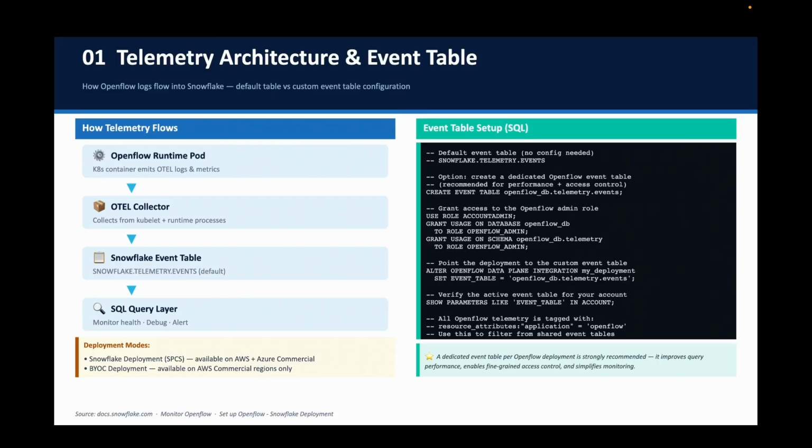And then the Snowflake event table captures all of the events into the Snowflake telemetry events table. That's the default table for the OpenTelemetry framework. And at the very end, you can use a SQL query to fetch the data from the events table and send an alert.